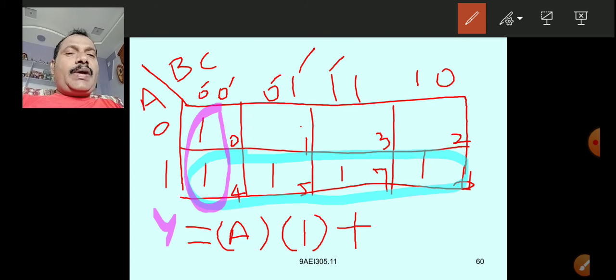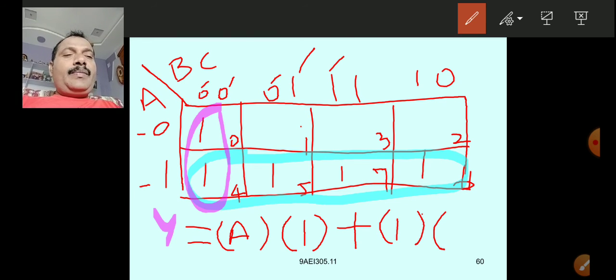So let us move in the row side from top to bottom and observe whether that variable is changing or not. Variable A is changing from 0 to 1 when we move from top to bottom. Hence, that variable is eliminated. Whenever only a single variable is there, that is eliminated. Hence, you have to write 1 in the brackets.